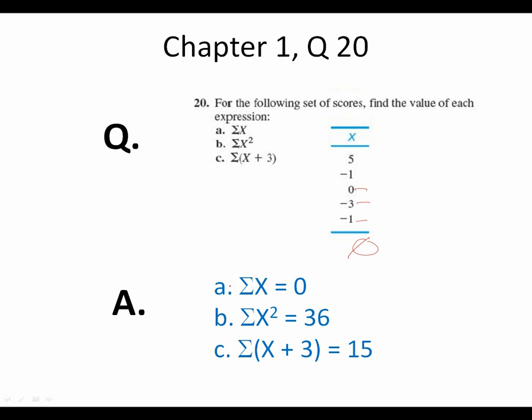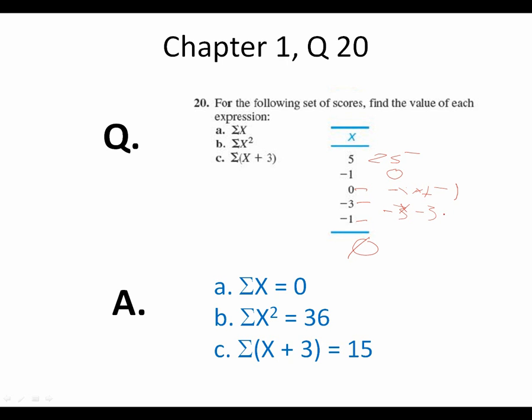Okay, it's 0. The second one, don't forget, is I do exponentiation first. So I simply go 5 times 5 is 25. 0 times 0 is 0. I'm sorry, minus 1 times minus 1 equals 1, and minus 3 times minus 3.